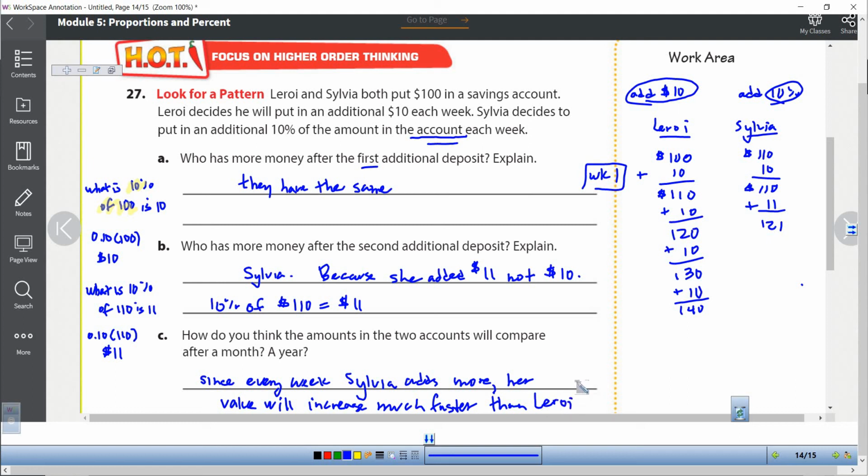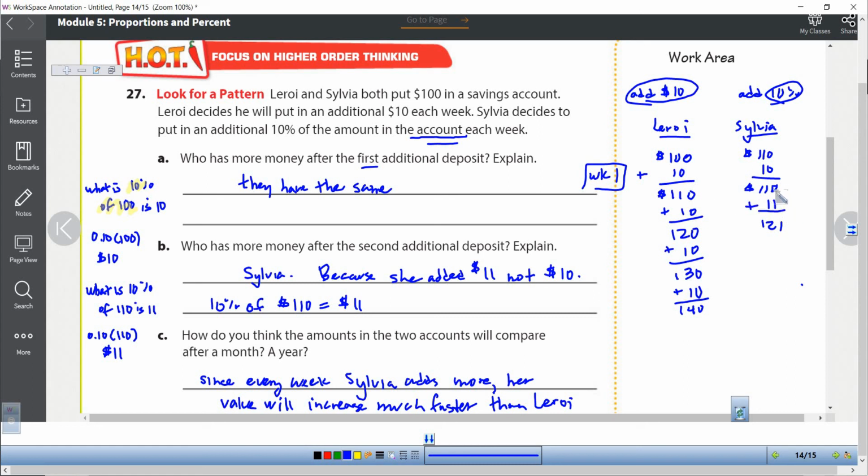Sorry, Leroy. It was a good idea. Adding $10 a week is great, but adding 10% is better because 10% of bigger numbers gives you more. Leroy is adding 10% of 100 every week. Sylvia is adding 10% of the larger amount every week.